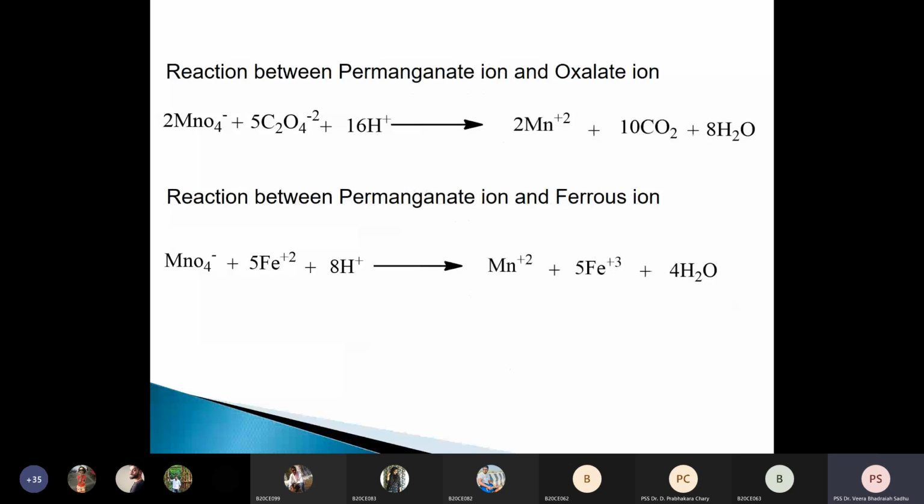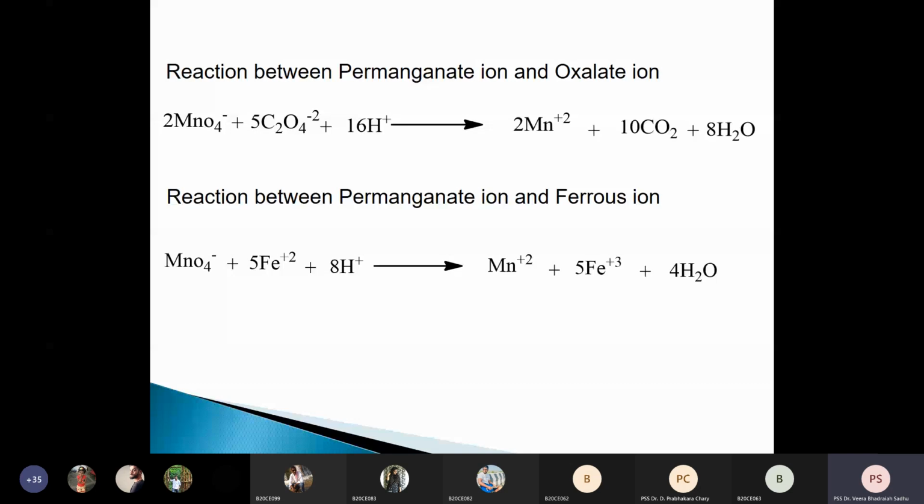These are the reactions between permanganate and oxalate. In the first step, we estimate the concentration of KMnO4. We titrate KMnO4 against sodium oxalate in the presence of acidic medium. Potassium permanganate and oxalate both react in the acidic medium, and it forms Mn2+ ions, water and carbon dioxide.